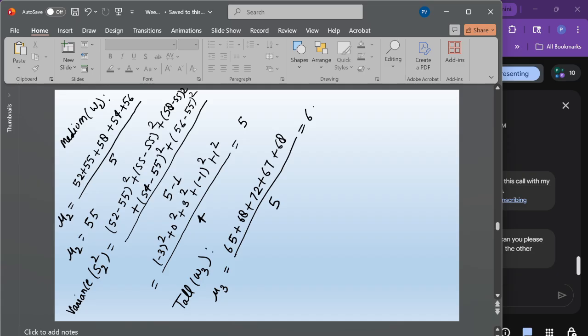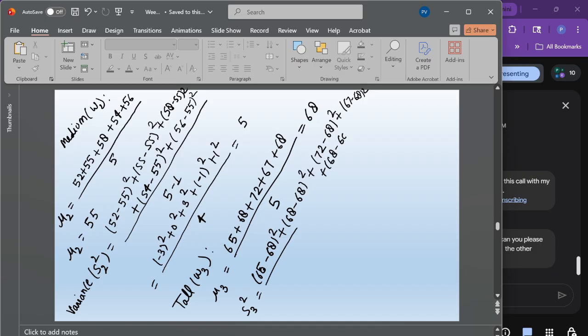Here the mean you will get is 68. For the variance, I'm just directly writing it here, otherwise it is very difficult to calculate all the parts. 65 minus 68 whole square plus 68 minus 68 whole square plus 72 minus 68 whole square plus 67 minus 68 whole square plus 68 minus 68 whole square, by 4, that is 5 minus 1.